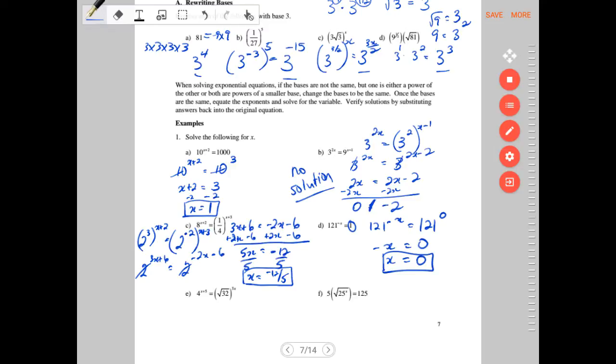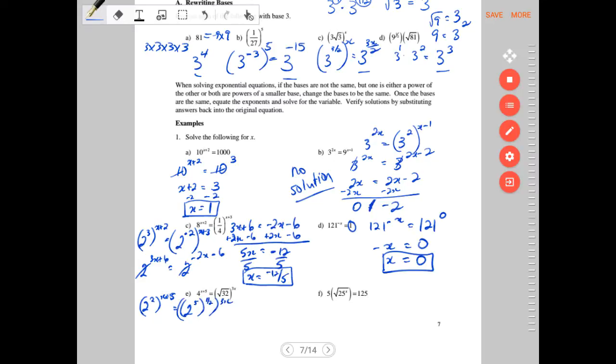Part E, I have 4 to the x plus 5 equals the square root of 32 to the 3x. Again, we want to use powers of 2 because 32 is not a power of 4, but they both are powers of 2. So I'm going to rewrite 4 as 2 to the 2, all to the x plus 5. I'm going to rewrite 32 as 2 to the 5, and remember, that's 2 to the 5, all to the half because of the square root, all to the 3x.